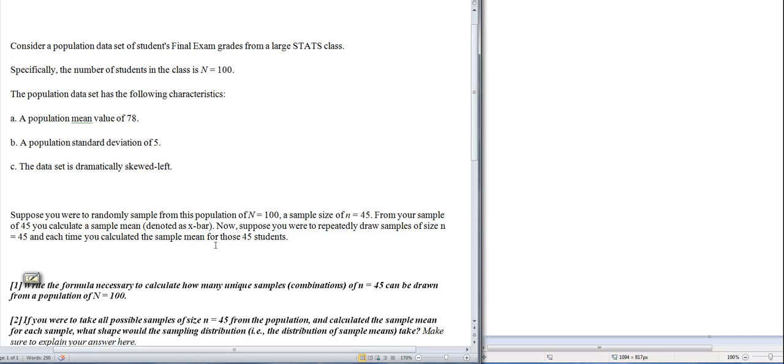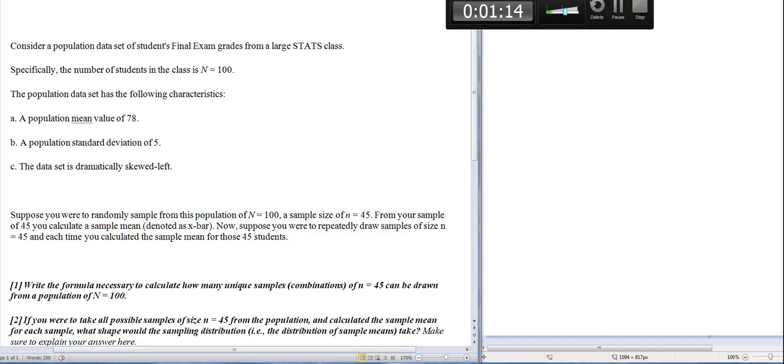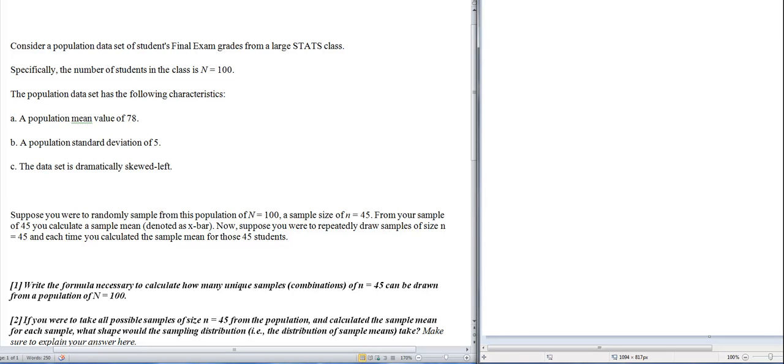Now suppose that you were to repeatedly draw samples of size 45, and each time you calculated a sample mean for those 45 students. What I'm talking about here is a bunch of sample means.